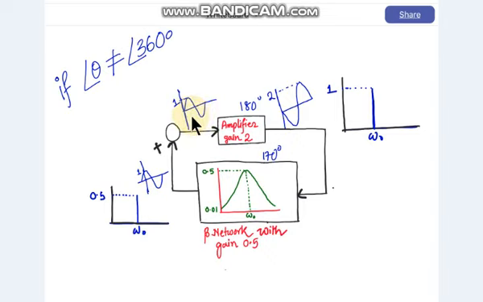In order to avoid this issue, the overall phase shift must be 360 degrees or 0 degrees, or in general it should be a multiple of 2 pi. So this is what Barkhausen's second criterion has to satisfy in order to have a pure sine wave at the output of the amplifier.